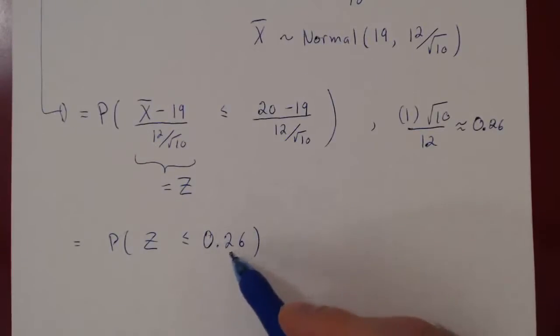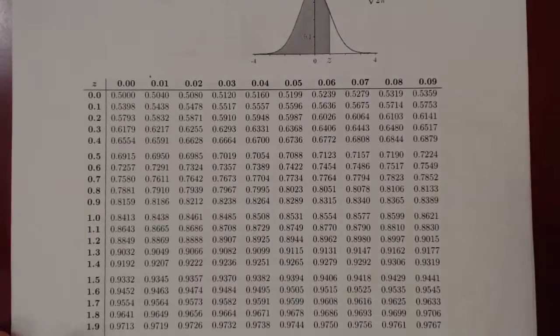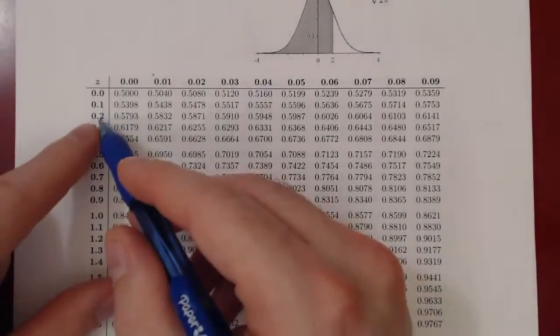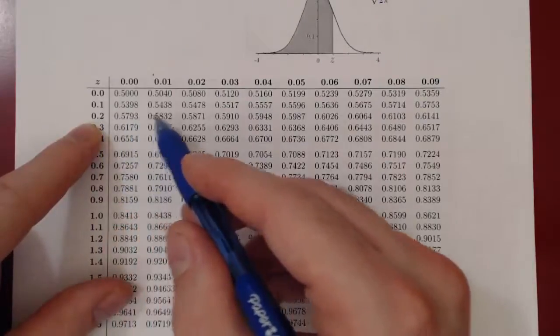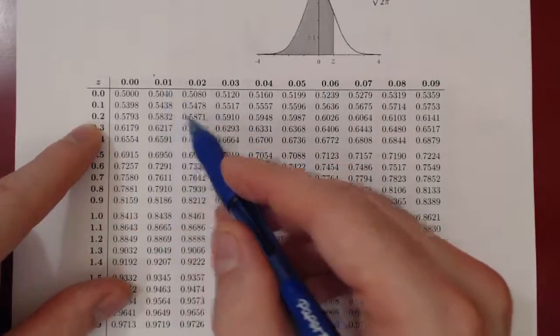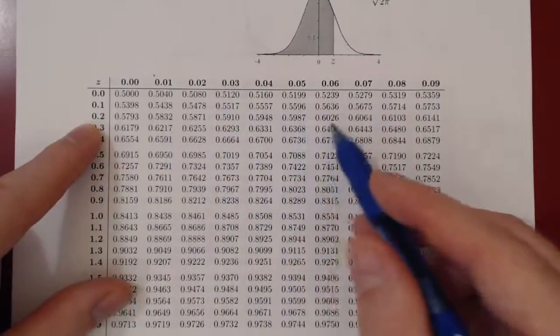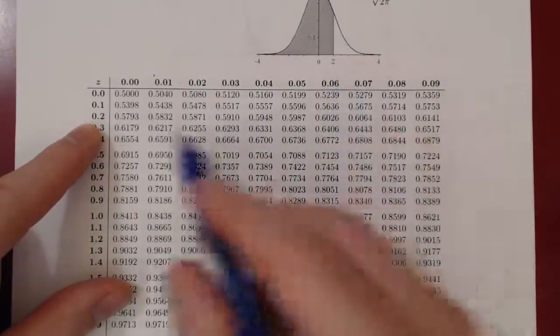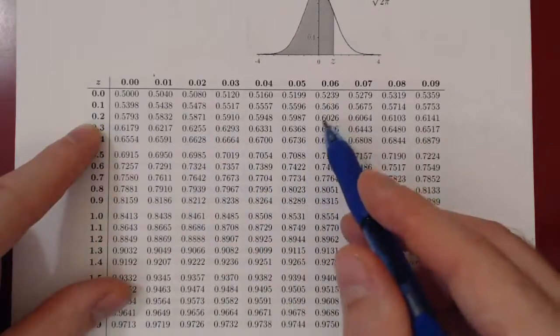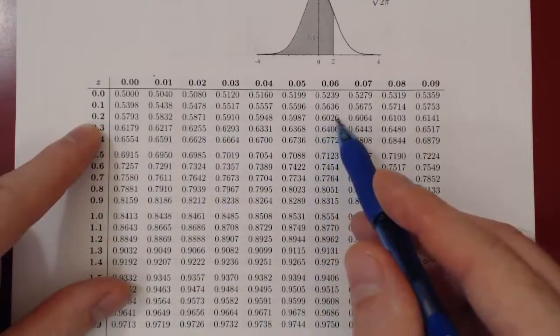We have a positive z-score, so we use the second side of our distribution table. So z is 0.26, so 0.2, 0.21, 0.22, 0.23, so we go up to 0.26, and the probability therefore is 0.6026.